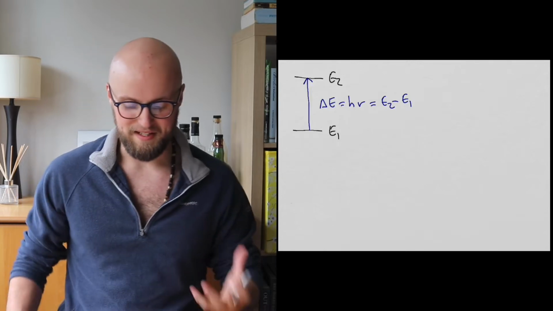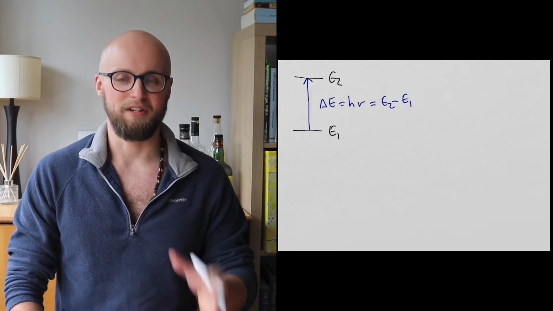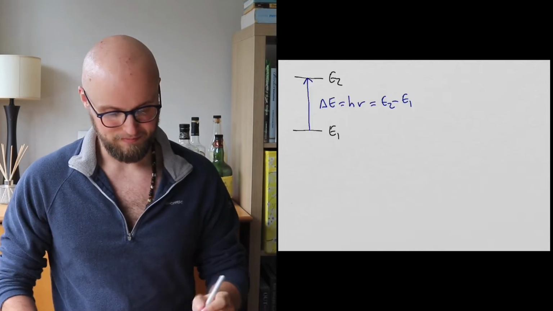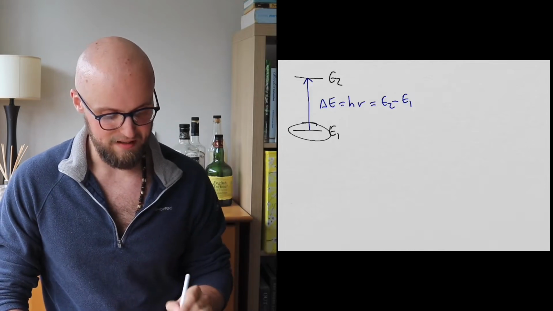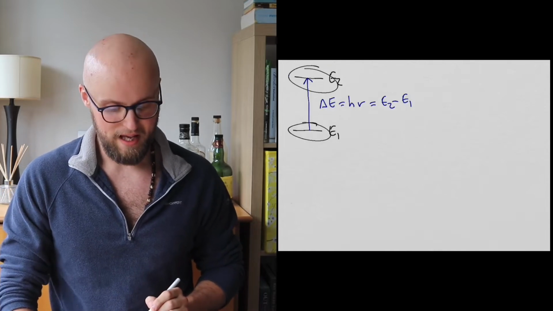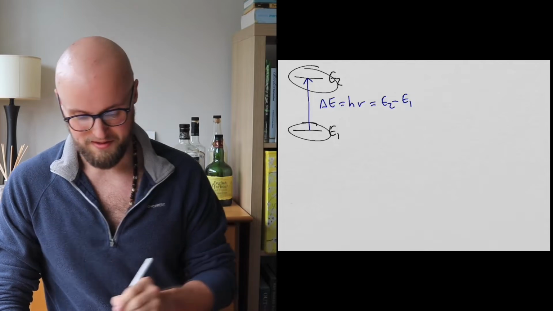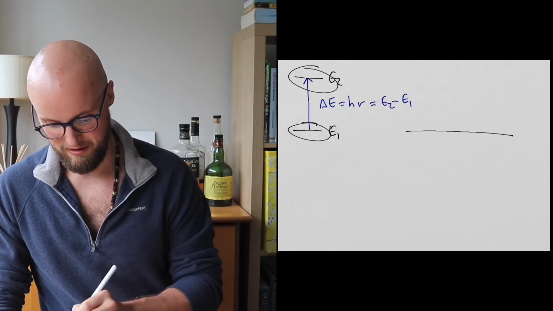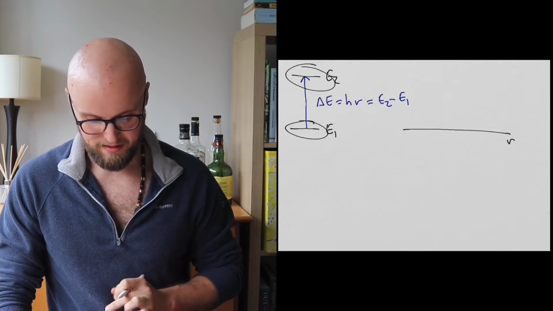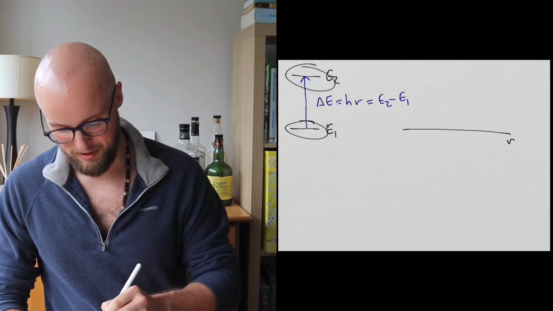A really important thing to understand when you do this is the difference between a spectral line and an energy level or a state. What I've drawn here, these two things are states, energy levels. But if I draw out a spectrum, with frequency down here, then what I'll see is one line.